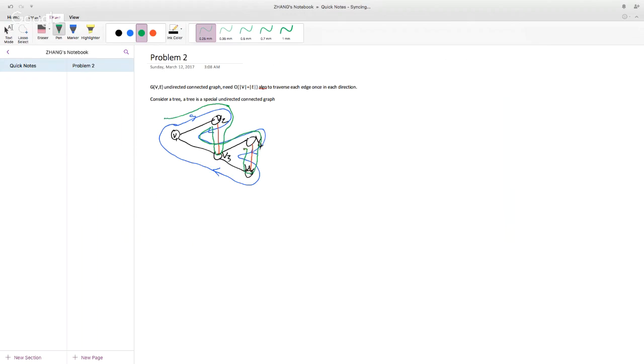Then we follow the blue path. Notice that the green path satisfies the requirement that it traverses each edge once in each direction.